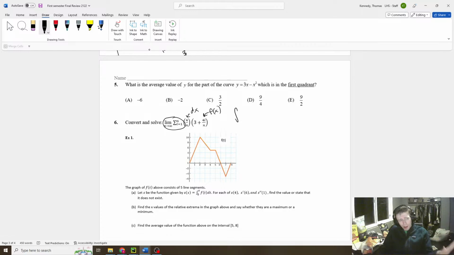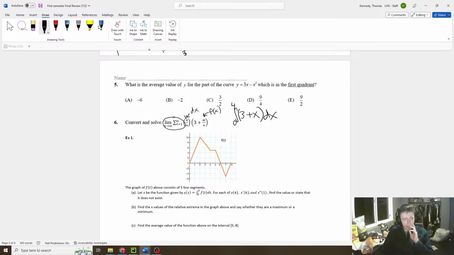So probably the easiest way is to say I've got the integral from 0 to 4 of this, because width is 4. Width is always the top number over n here. So width is 4, and then our function is just 3 plus x.